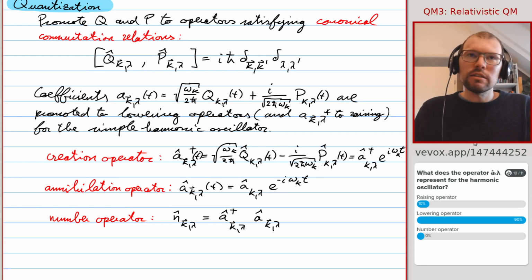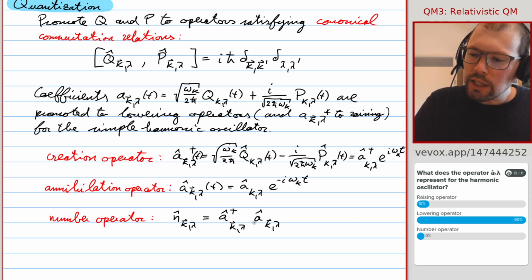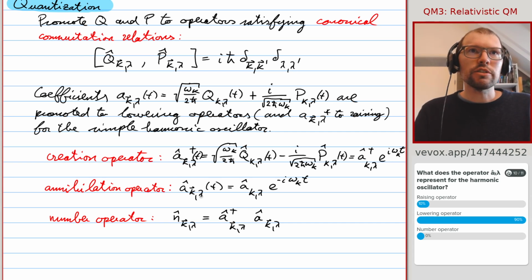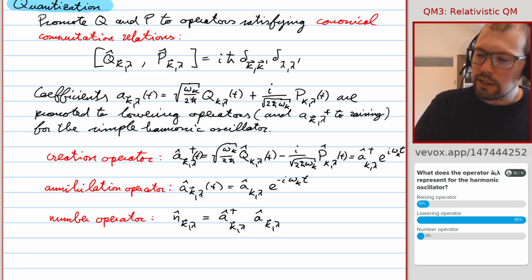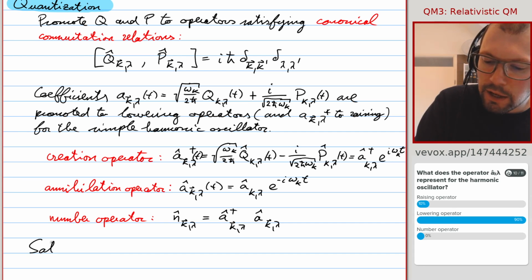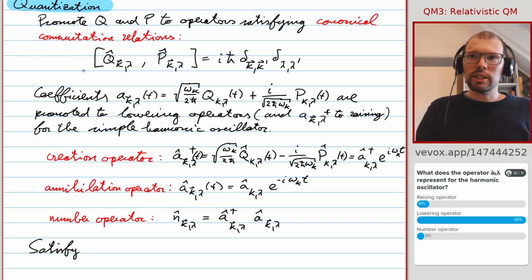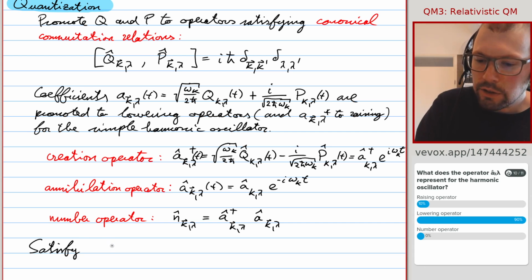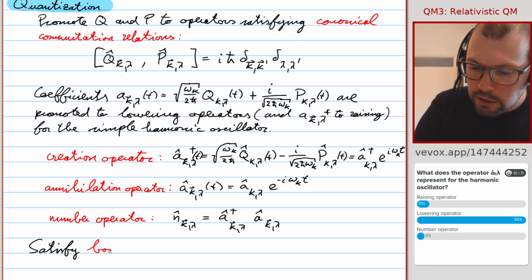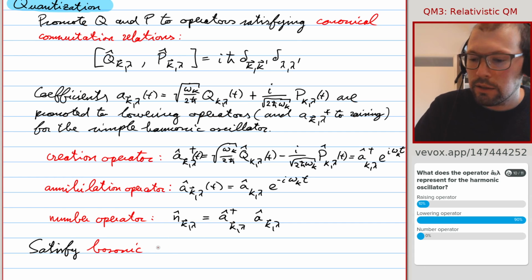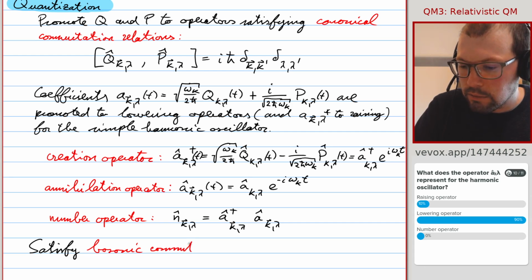So are these really the same type of operators that you've seen for the multi-particle quantum mechanics in Fock space? Well, for that we should check whether they satisfy the bosonic commutation relations that you've seen before. And this we can really check, of course, because we know that Q and P satisfy the canonical commutation relations. So they satisfied indeed the bosonic commutation relations.